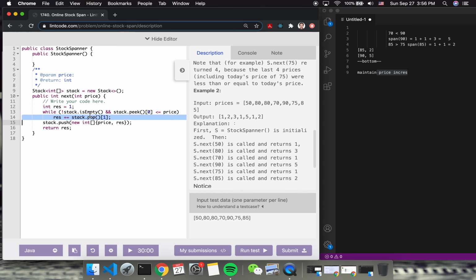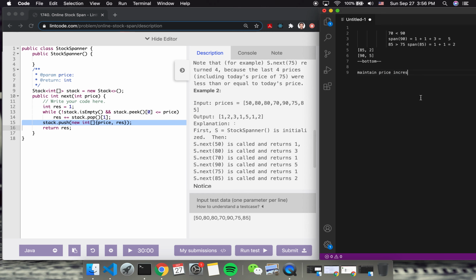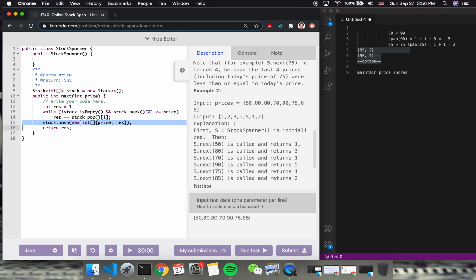And after that, since we want to remain the property of price increasing in the stack, then we will push the price and the span element back into the stack. So it's good for the next use, then finally return the result.